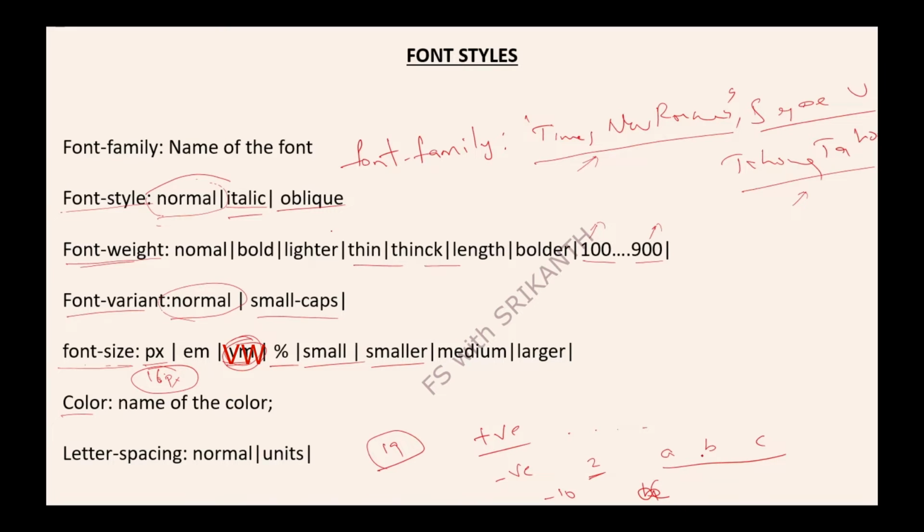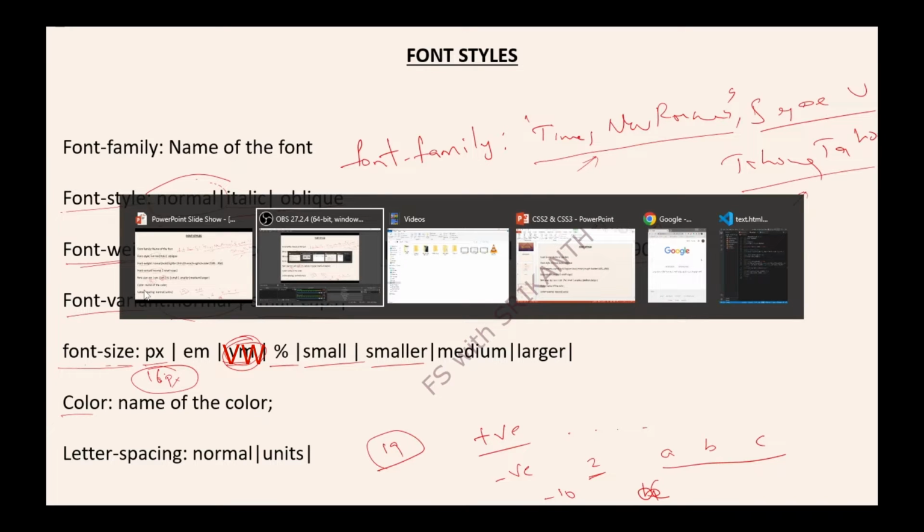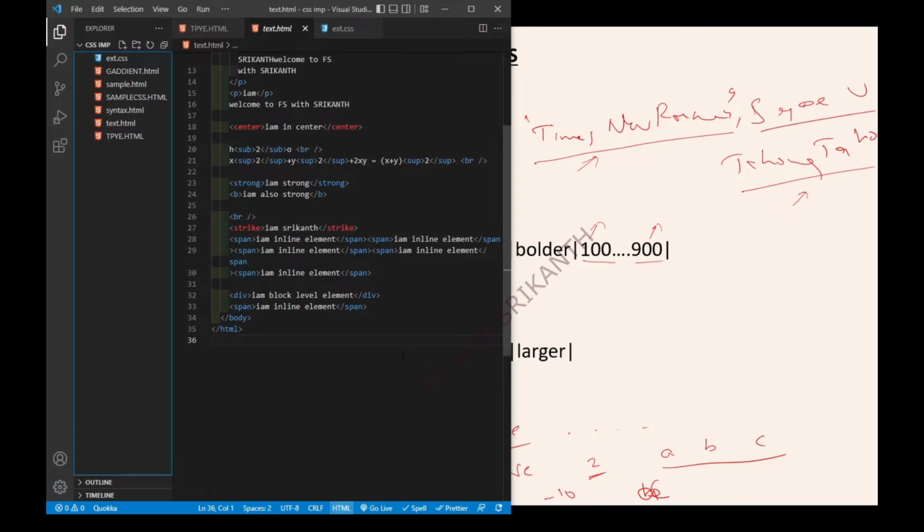So we can check all these properties and values with the help of an example program. And all these font properties and values are most useful in real time. Definitely we use all these properties, right? I want to take one program, so right now I want to take a new file.